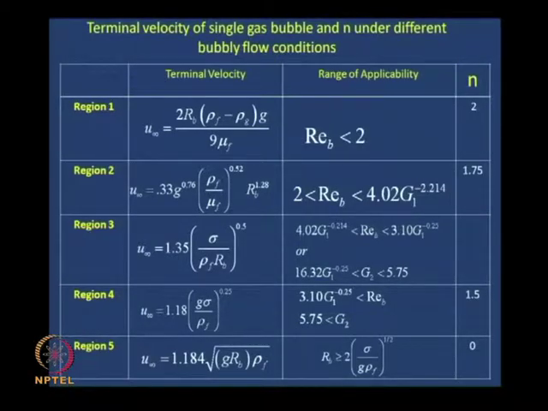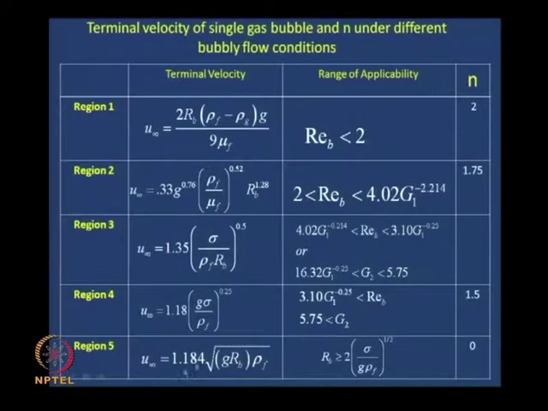Usually the region 5 expression probably is not correct here. I do not remember the region 5 expression, but most probably there was no RB in it, and that has to be checked. Please do not take the region 5 expression from here, it is not correct.